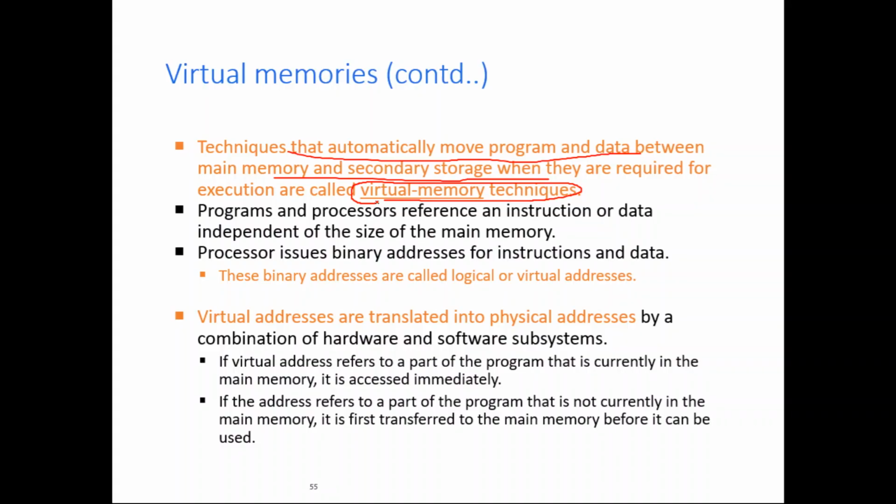In such cases, some data or program should be transferred between main memory and the secondary storage device whenever it is required, because the CPU may refer to content which is stored in the secondary storage device also. So the set of techniques which takes care of this data transfer is called virtual memory techniques. Okay, right.